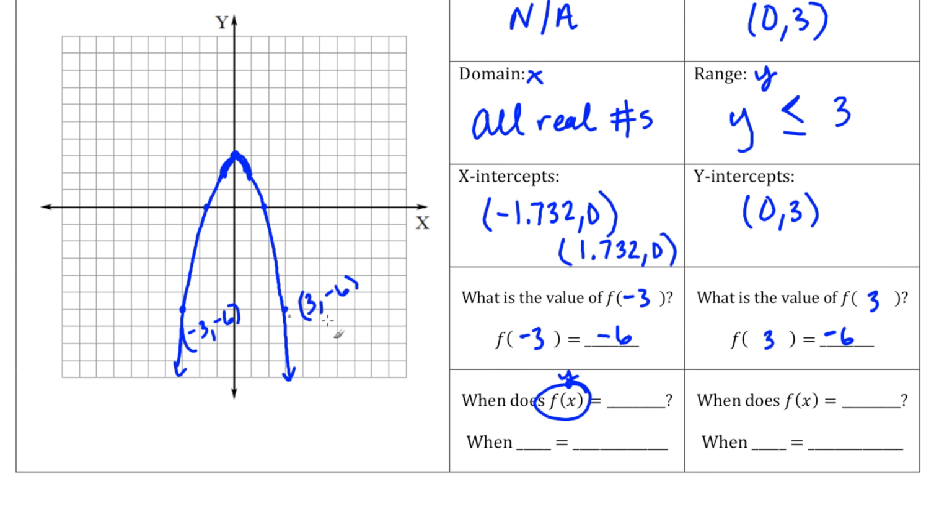So when is y negative 6? Y is negative 6 when x equals negative 3 and positive 3. Cool. And I'm just going to recycle one of these. So 0, 3. So when does y equal 3? Y equals 3 when x is 0. Cool. And I believe that is it.